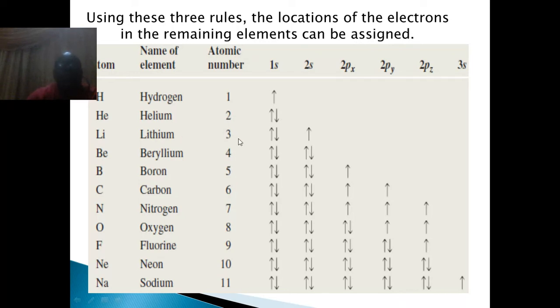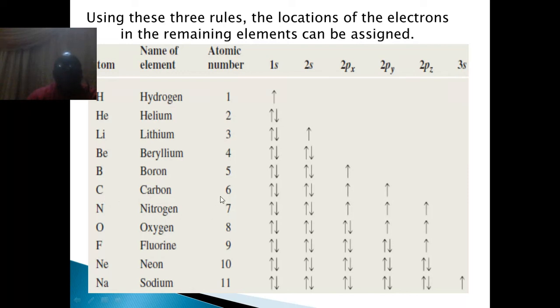Lithium, which has atomic number 3, is 1s2, 2s1. Beryllium, which has 4 electrons, is 1s2, 2s2. Boron, which has atomic number of 5, the electron configuration goes 1s2, 2s2, 2p1.